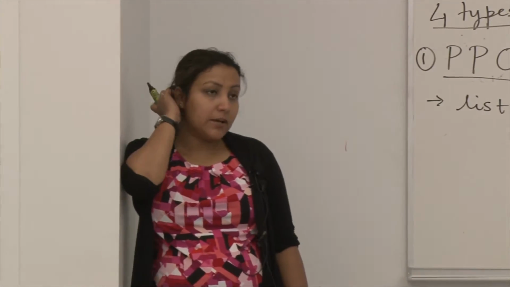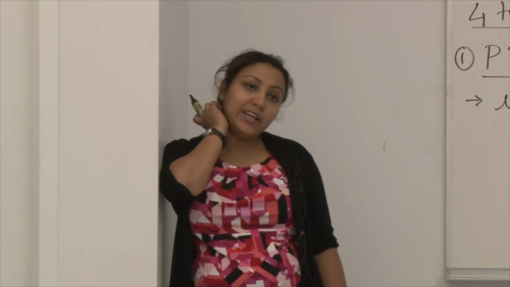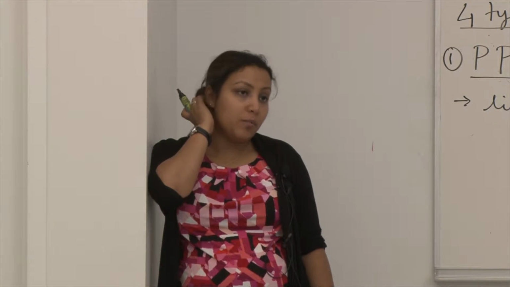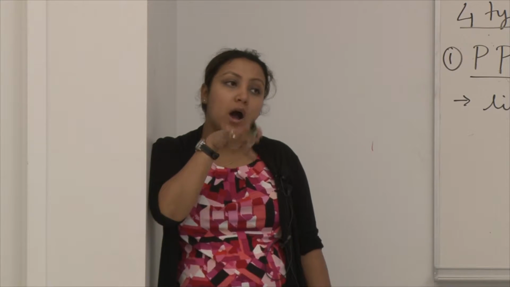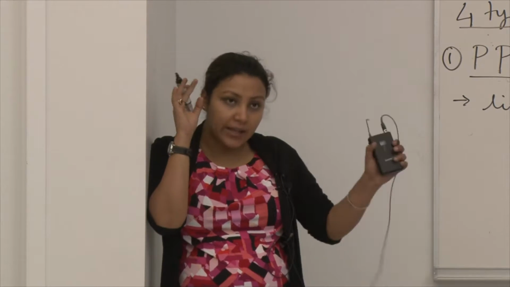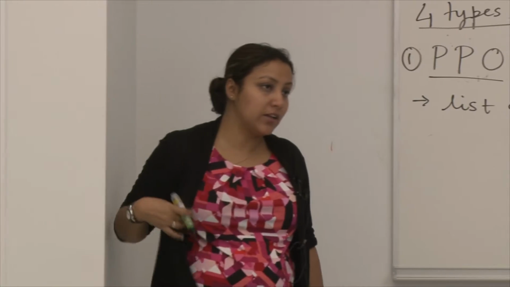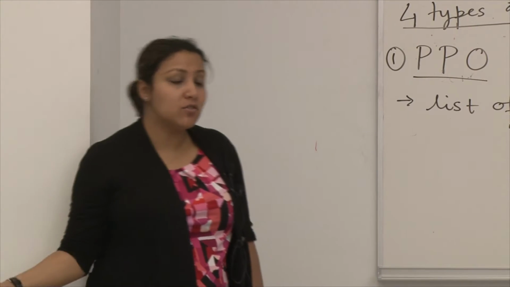right? So it is only the in-network providers who make it to that preferred list, and those on the preferred list are technically part of that managed care organization, and everybody else outside that list are the out-of-network providers, right?